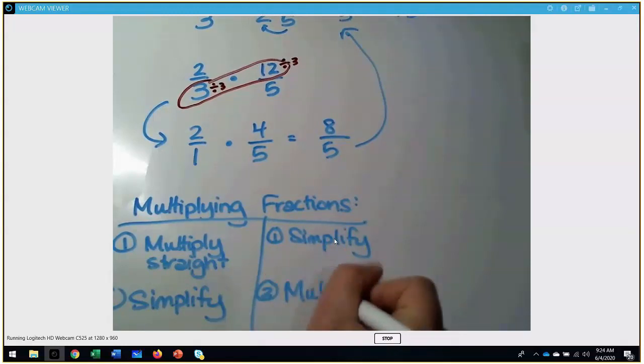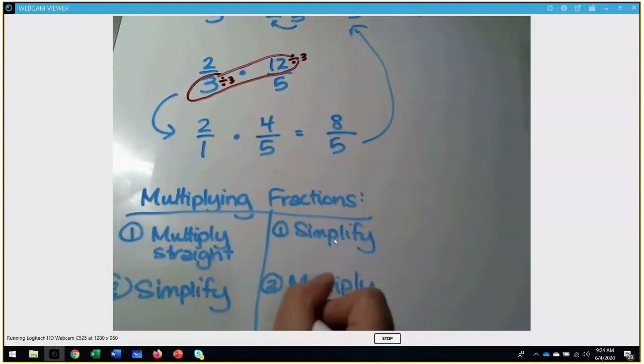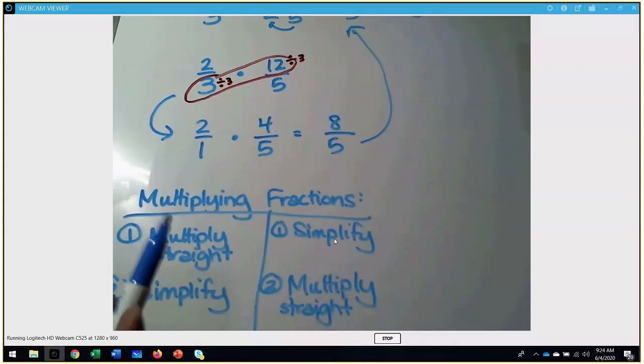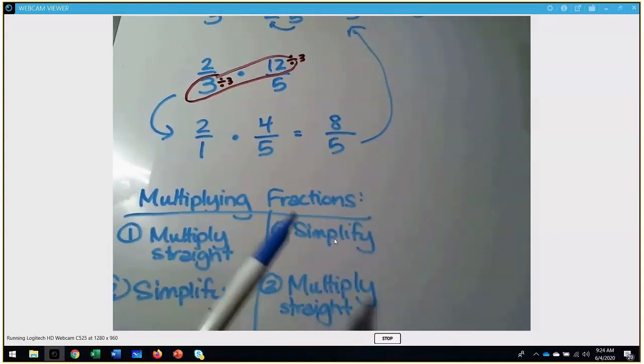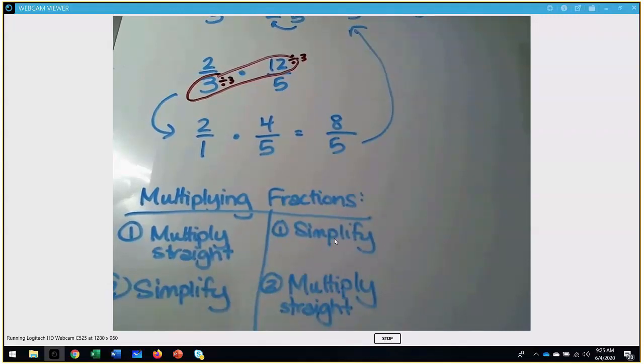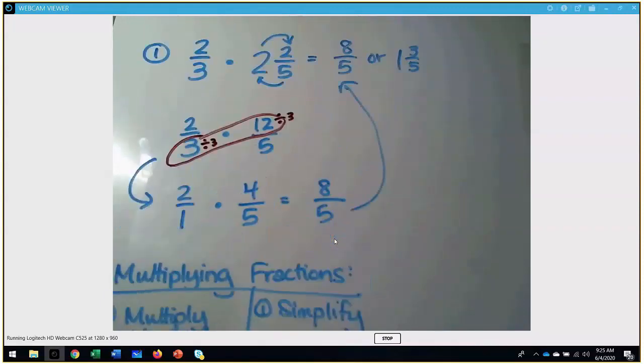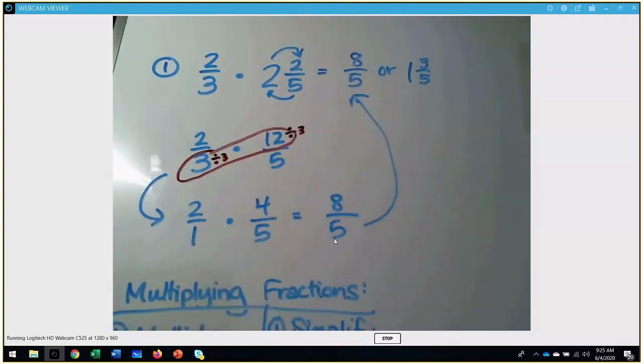Same steps, just different order, and you're allowed to do it when you're multiplying because of the fact that 2 times 3 and 3 times 2 is the same thing. So if we mess around with this a little bit, it won't change anything when you multiply. Okay. Any questions? I'm about to do one that's a little bit more complicated to show you why I'm even showing you another way to do it.